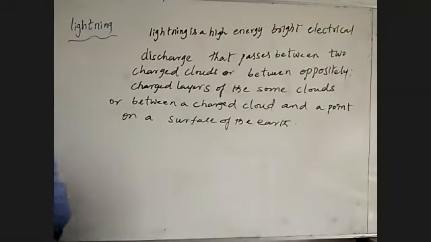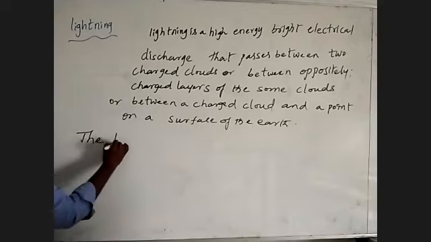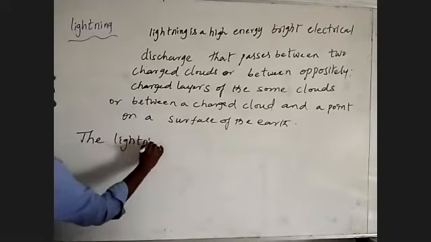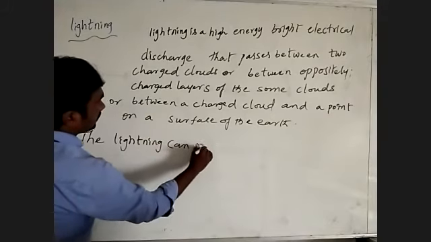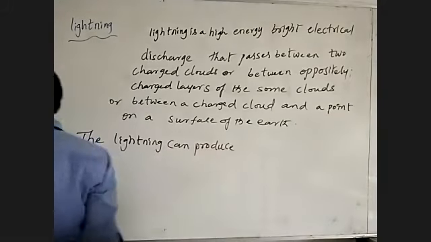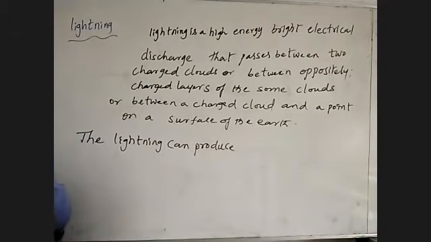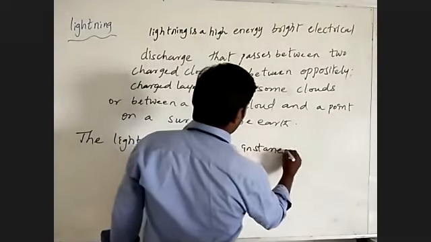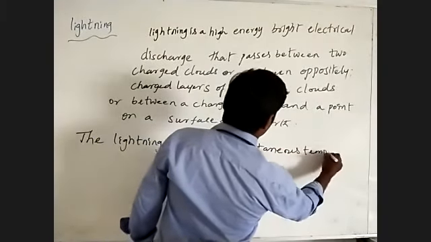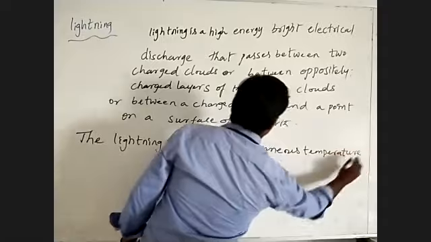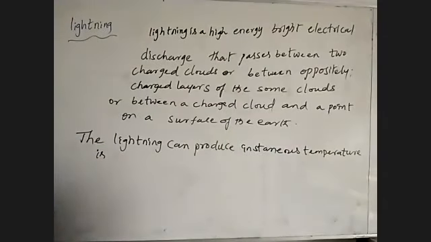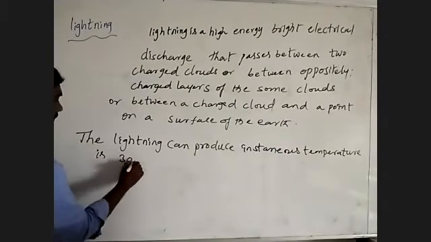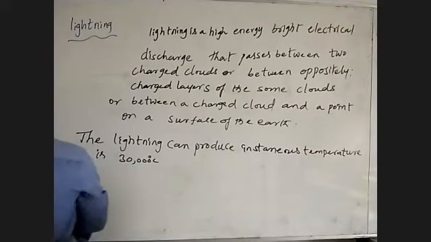Coming to that, the lightning can produce an instantaneous temperature of 30,000 degrees Celsius.